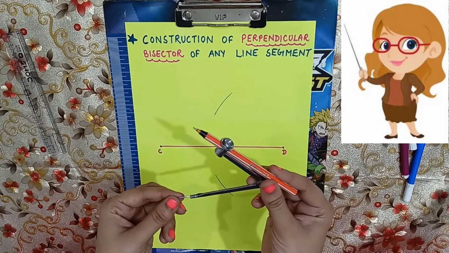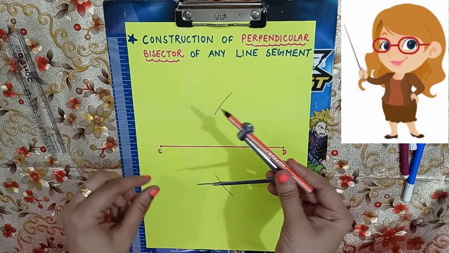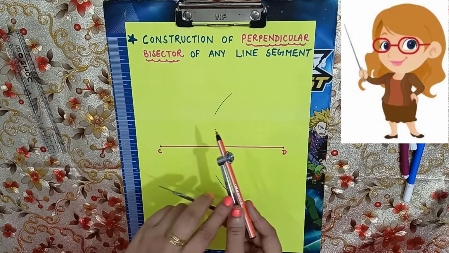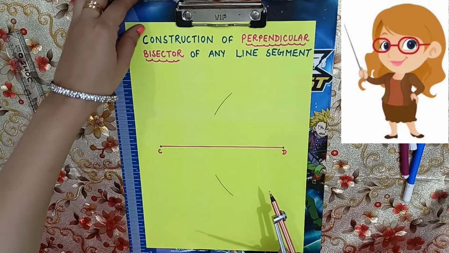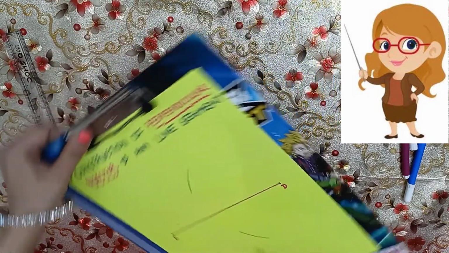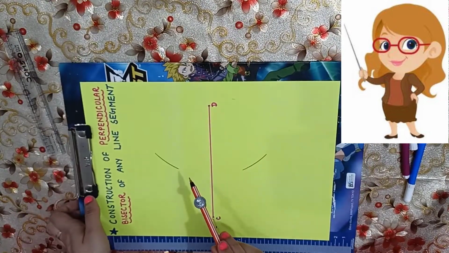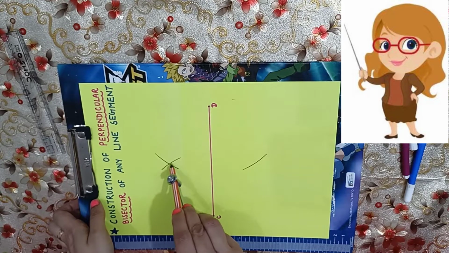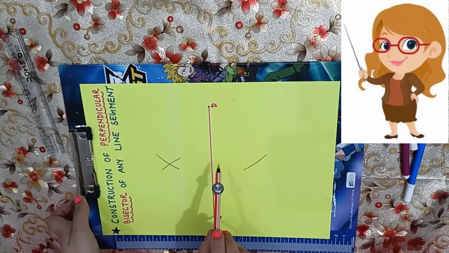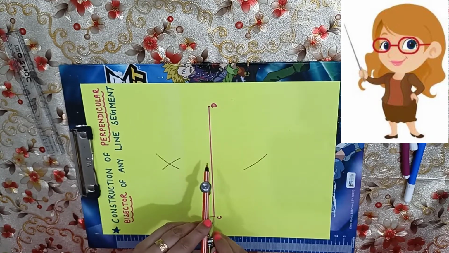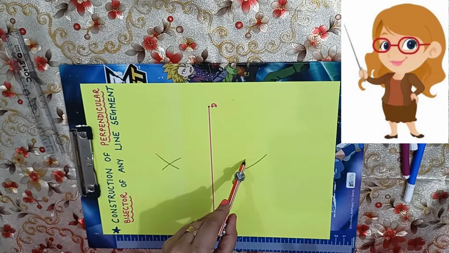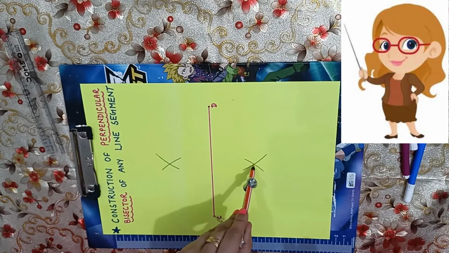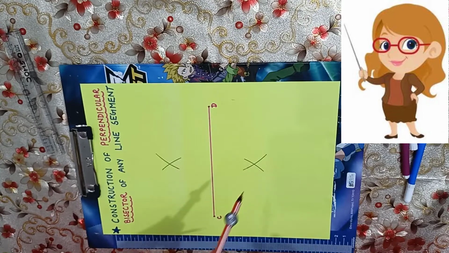Now without changing the length of your compass, just put it on another side. So just let's turn it for a moment. Put it on another side and draw another arcs which are cutting the previous arcs. See now.